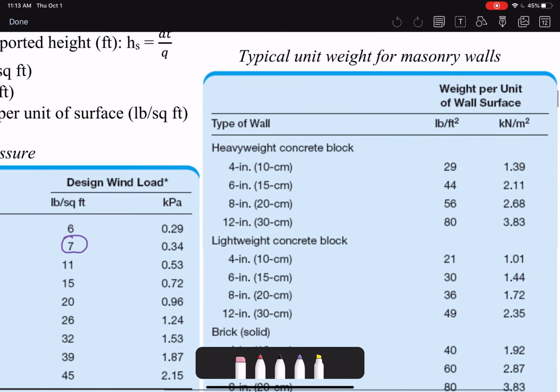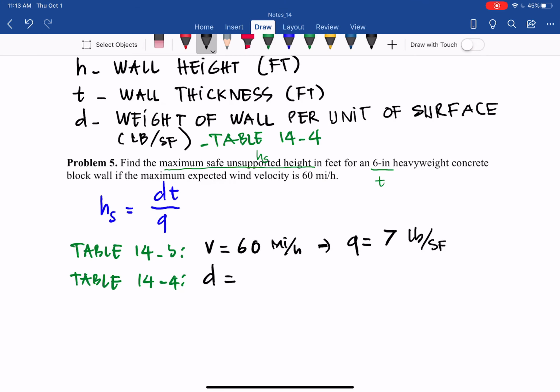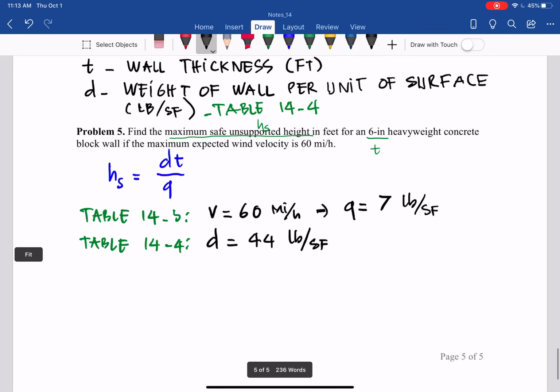Then d, the weight per unit of wall surface, is 44 pounds per square foot. So we already have all the values.